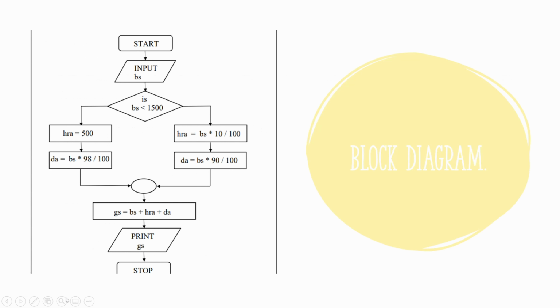Coming to the block diagram of the given example, it's just simple, right? As I described earlier, the control enters and we take the input from the user, and it evaluates whether the input is less than 1500 or greater than 1500. If BS is less than 1500, then it is going to execute the if block. This is the if block. And if BS is greater than 1500, it is going to execute the else block.